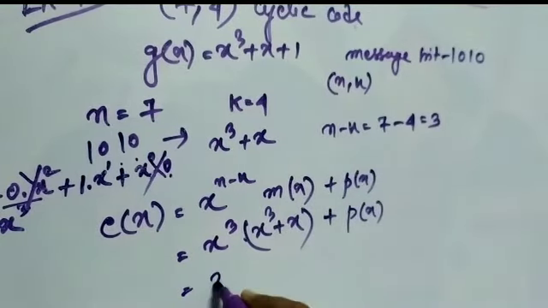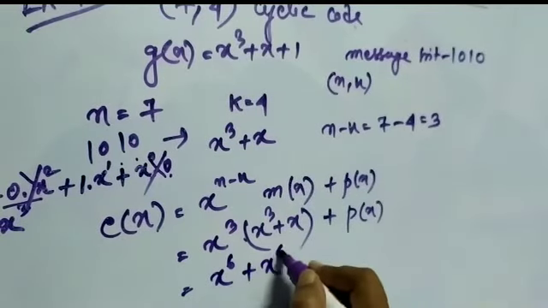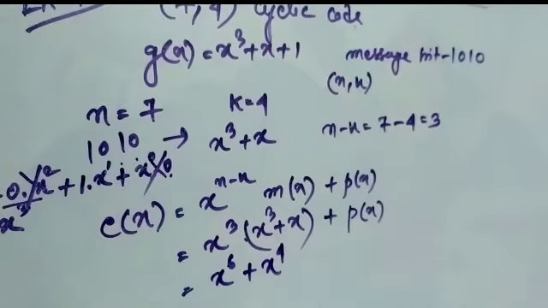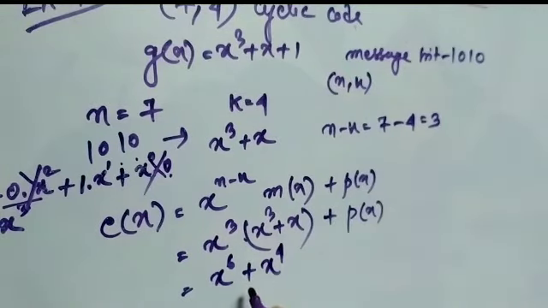So after multiplying, the term becomes x to the power 6 plus x to the power 4. Now I am dividing this term with the generator polynomial, because we have to find the remainder polynomial.